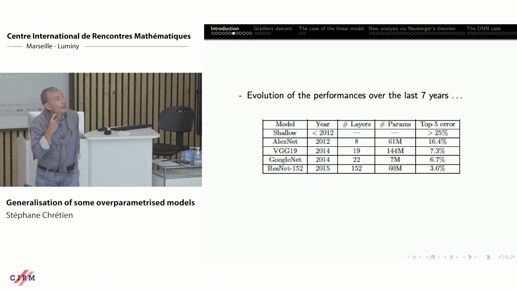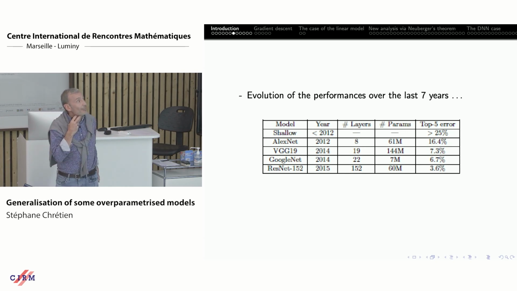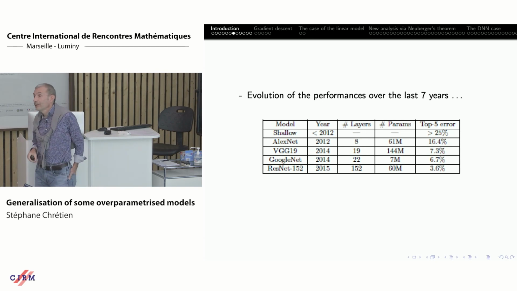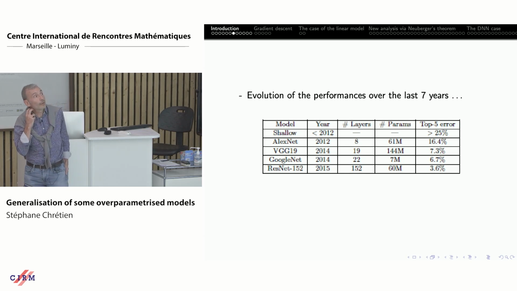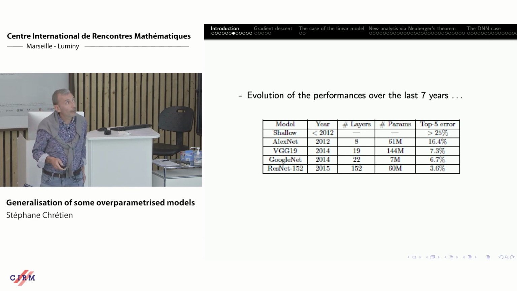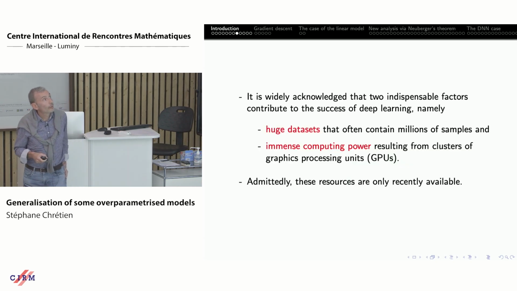Of course, over the last 7 years, there's been a lot of stuff, but this is an old table, and this is just showing that the number of parameters has been exploding in successive architectures that have been proposed in the literature. And we all know that overparametrization is sometimes helpful. So why does it work?